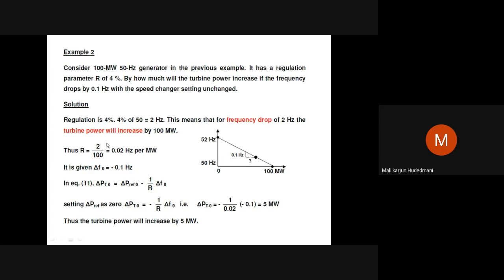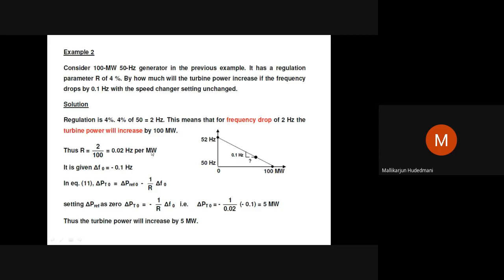When I take hertz per megawatt, it becomes 2 divided by 100, its capacity. So it is going to correct 0.02 hertz per megawatt. So every 0.02 hertz drop, 1 megawatt of power is compelled.